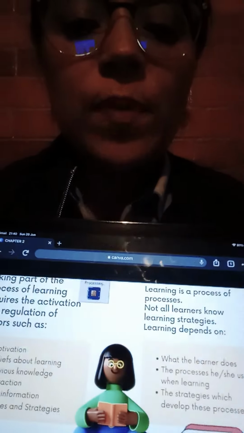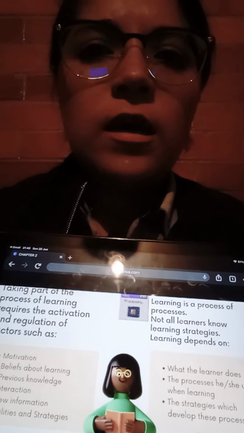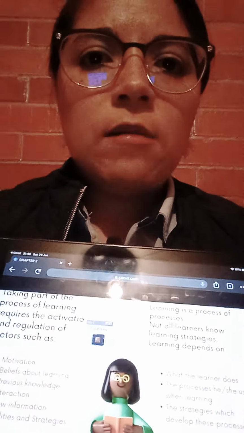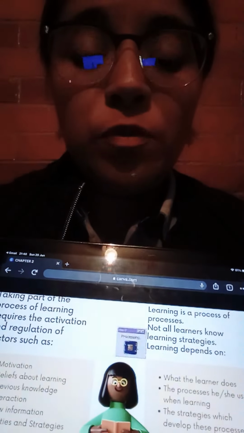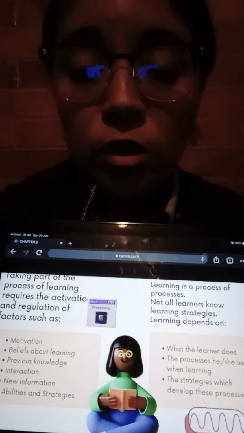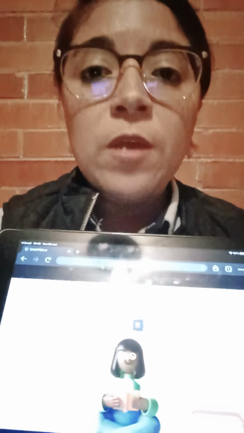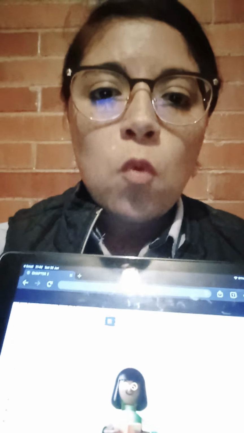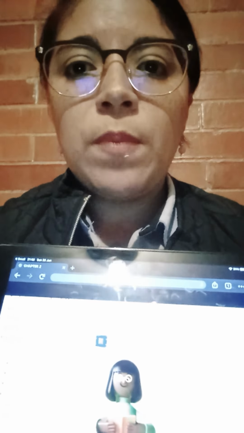Okay, so taking part of the process of learning, it requires motivation for the students to know why they are learning, why they want to learn, why they want to continue with the learning and with the processes they have. Beliefs about learning: are they really going to learn, is it going to be useful for them, what do they think about previous knowledge about the subjects, why is it important to continue learning about it.